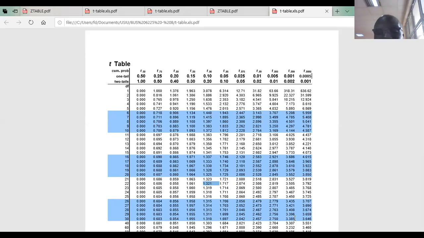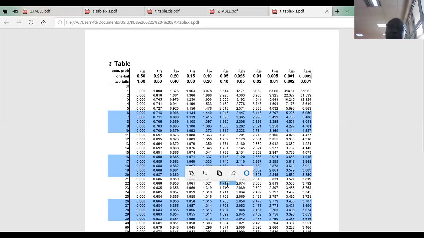How about 90%? What are we going to look at here? Two tail 0.1. So just come here, all the way up to 22. Which value are you talking about there? 1.717.